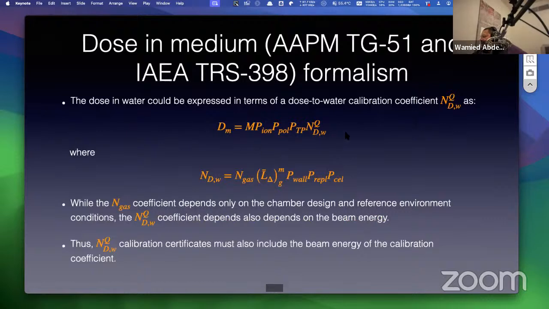Now, there is a newer formalism, and this is often what you will be applying in clinics.